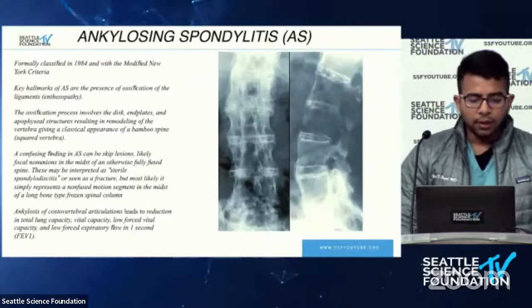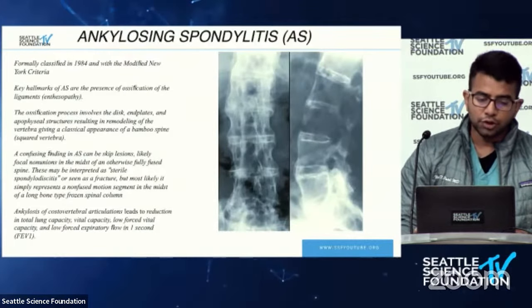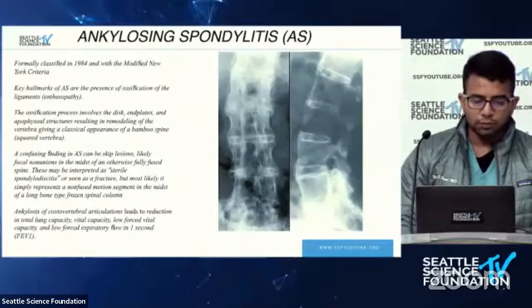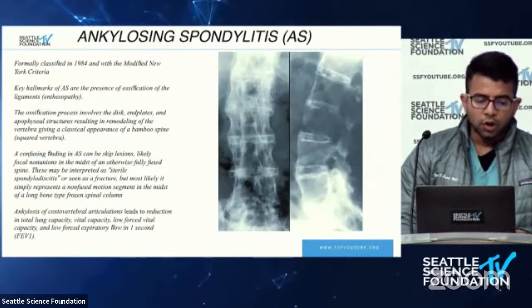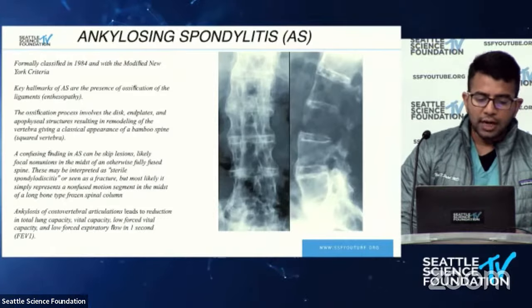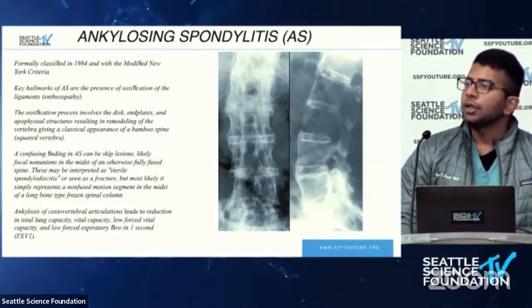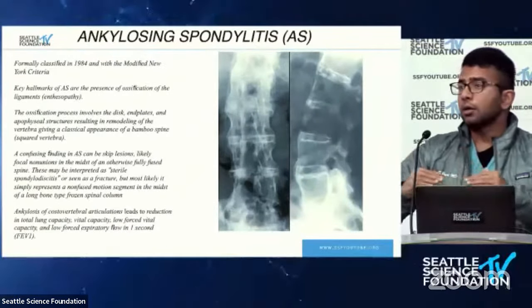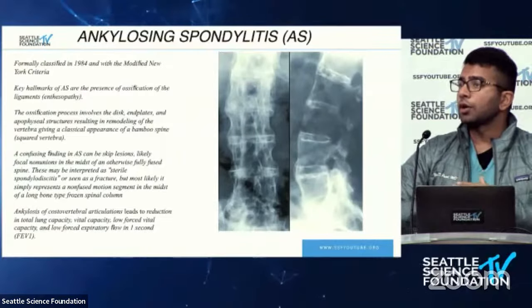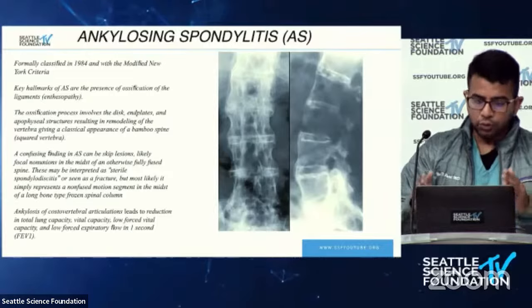This could be a confusing finding sometimes if you have multiple skip lesions, which AS is known for. On top of that, sometimes you could have sterile spondylodiscitis, which would masquerade as a fracture. Sometimes you just have a segment of bamboo spine, one or two levels that are still mobile, and then again a segment of fused bamboo spine.